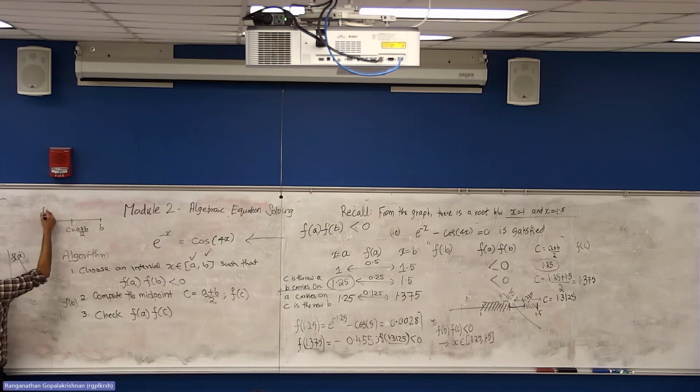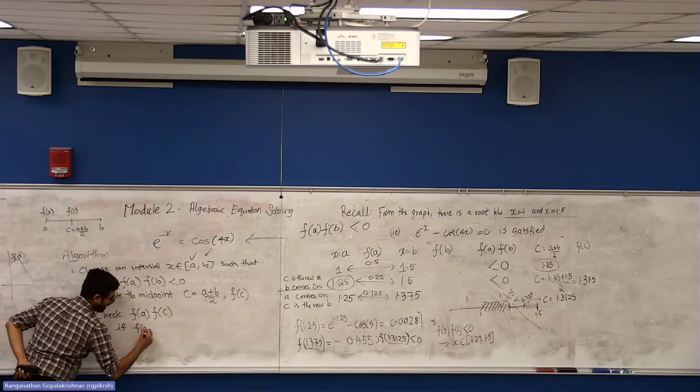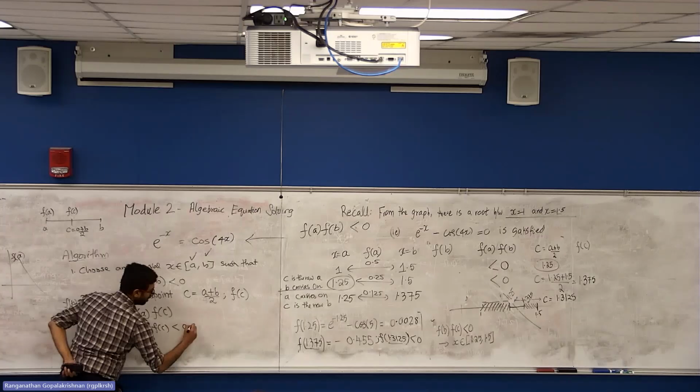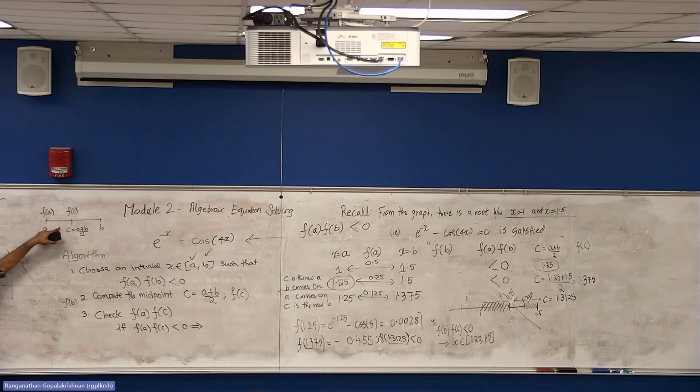Just check f of A and f of C. Don't worry about should I check f of B. This is an algorithm. It will work. Check the product. If f of A times f of C is less than 0, what does that mean? The root lies between A and C.